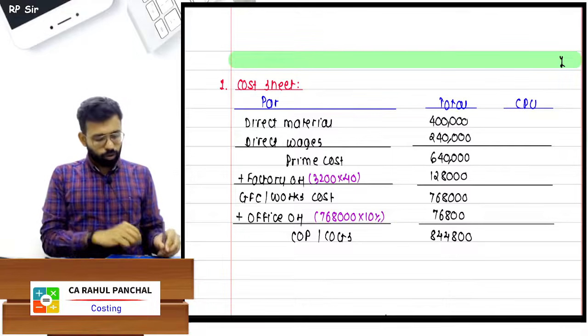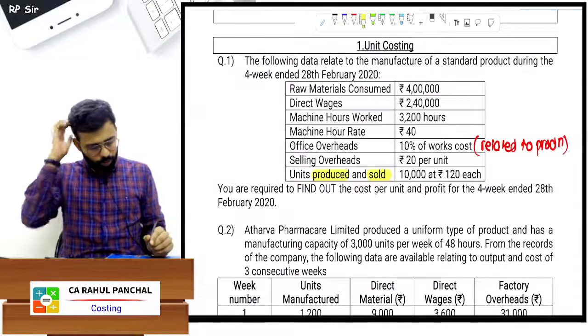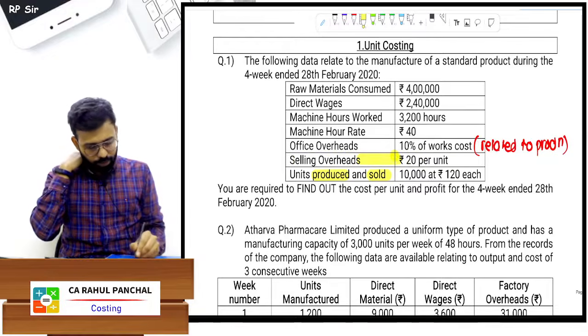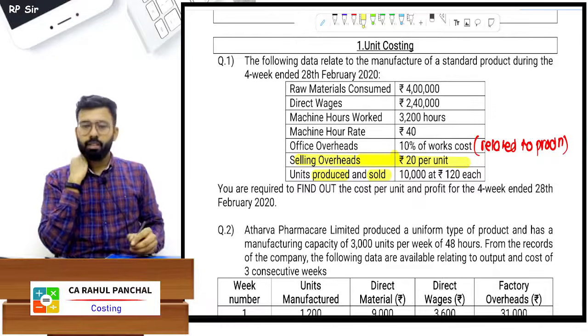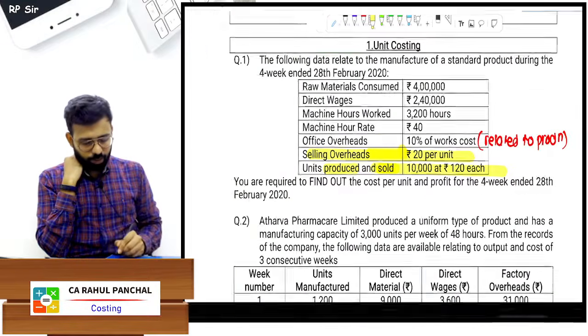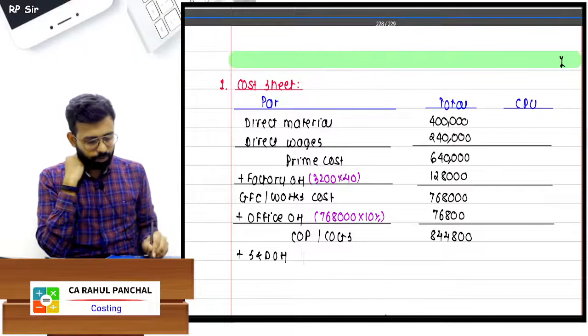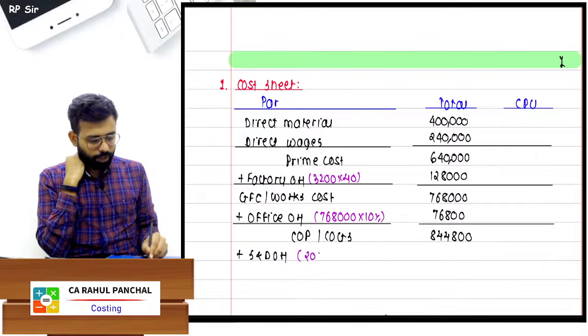At that time you will incur selling and distribution overheads, and that selling and distribution overhead is 20 rupees per unit. Sales overheads are, so how many units are there? You can see that there are 10,000 units, so 20 rupees per unit, and there are 10,000 units.